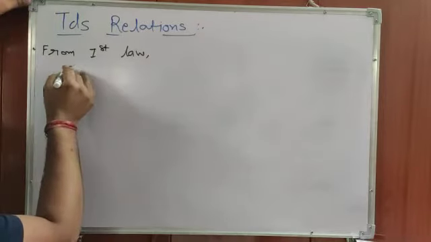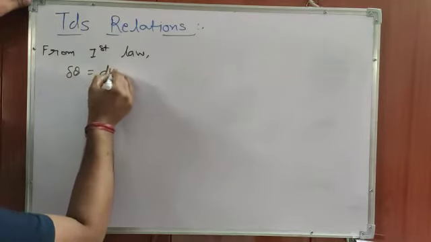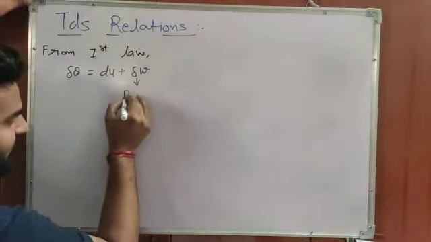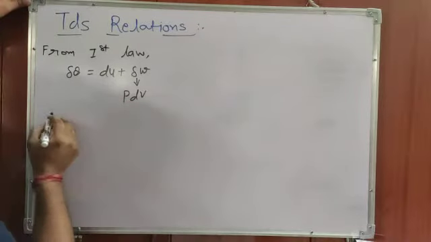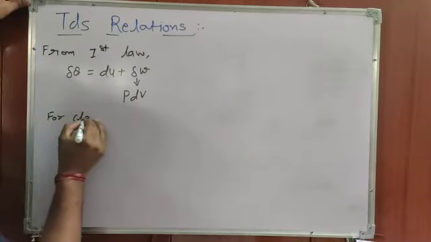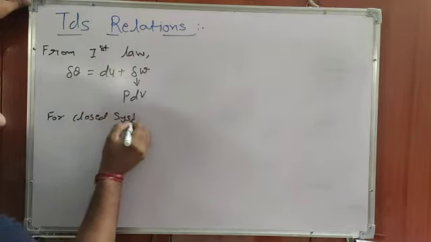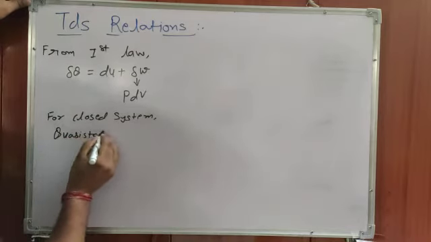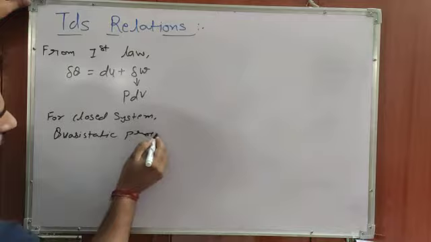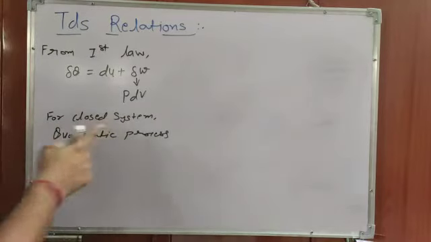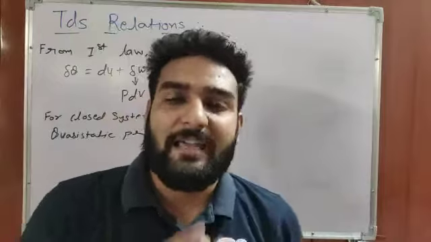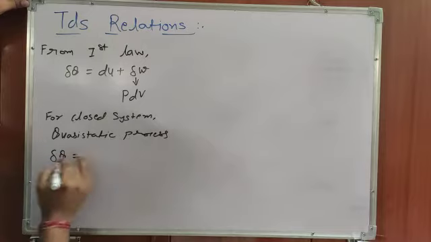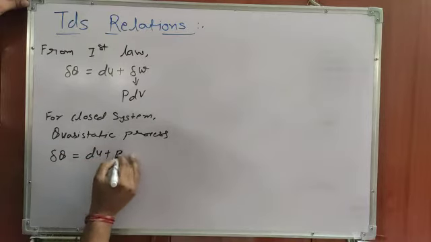Del Q is equal to dU plus del W, and this del W is P dV for a closed system and quasi-static process. This equation is applied for a closed system, a quasi-static process and a stationary system. So we can write this equation as del Q is equal to dU plus P dV.